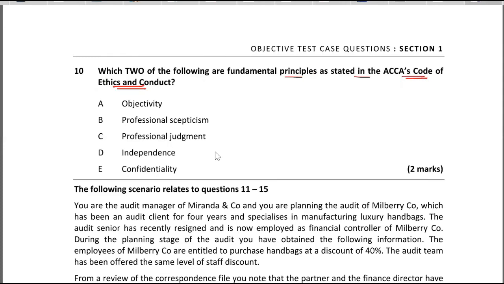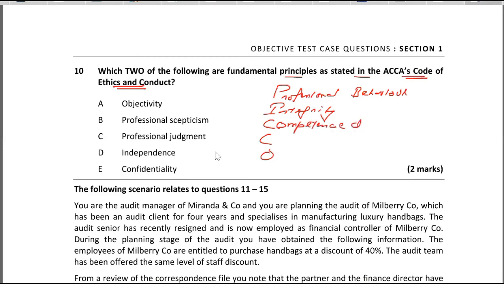Which two of the following are fundamental principles? Do you remember the mnemonic? Professional behavior, integrity, competence and due care, confidentiality, and objectivity.